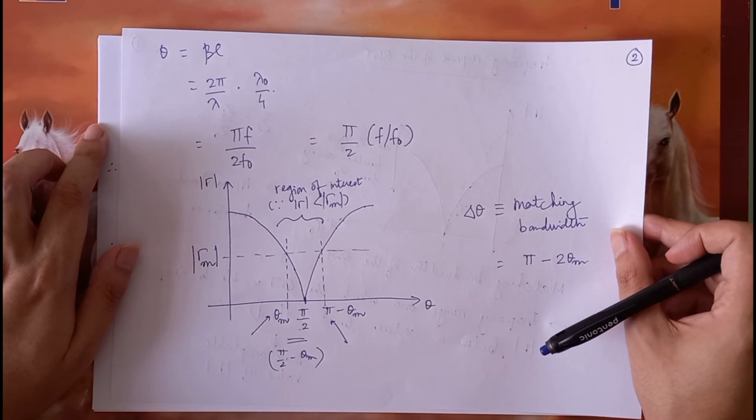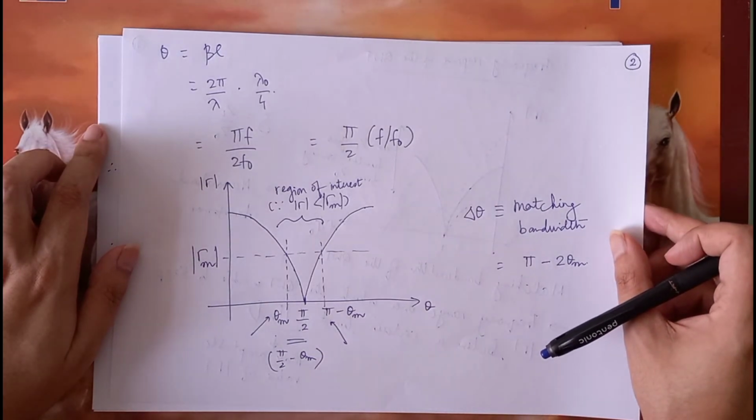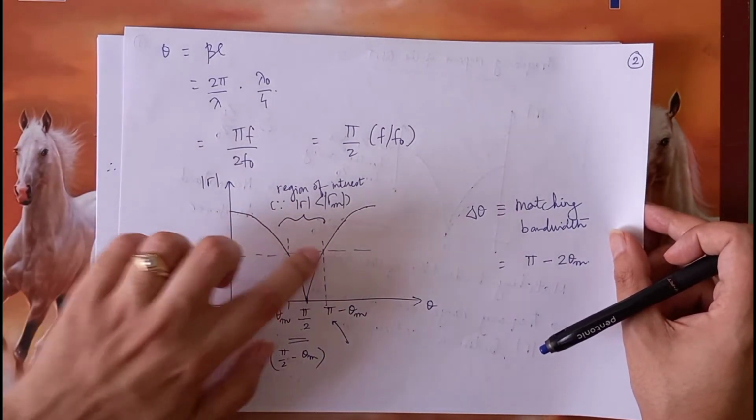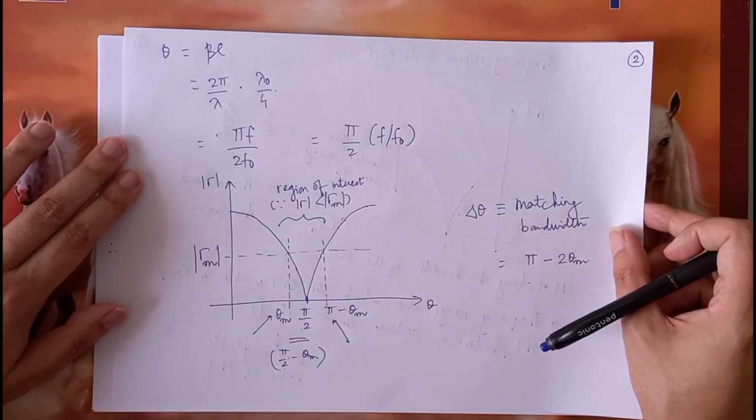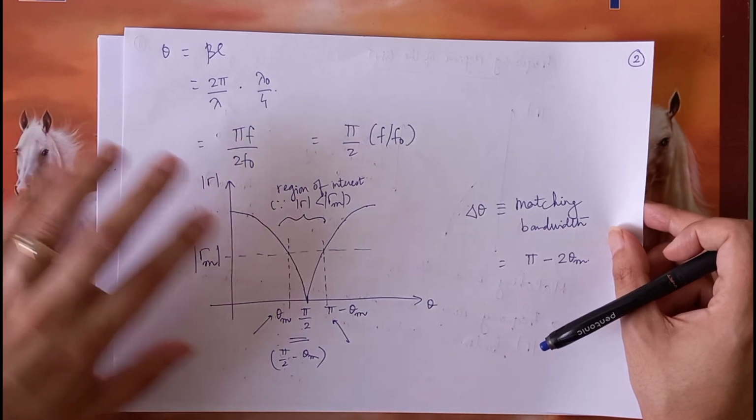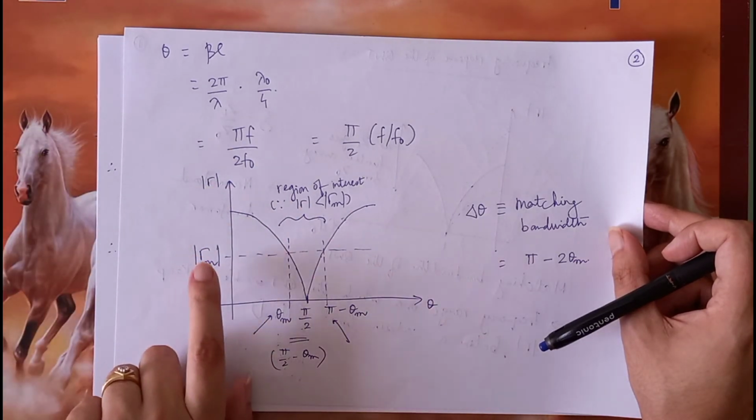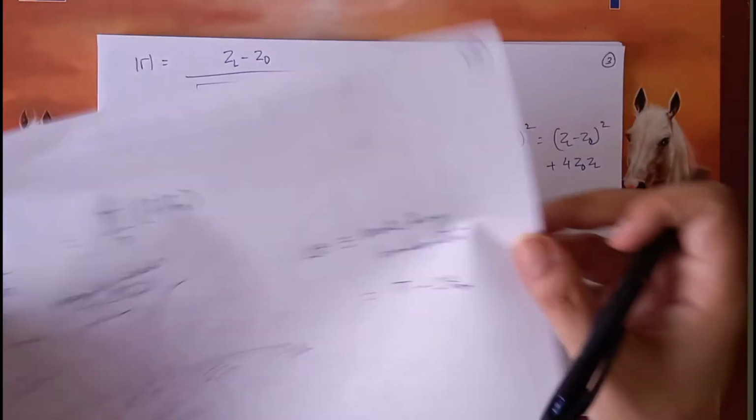Right? So now, if we consider either of these 2 points where the passband actually starts or ends, then gamma becomes equal to gamma m.